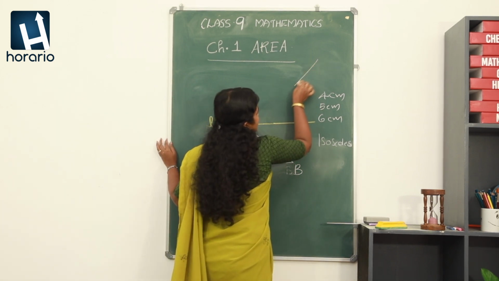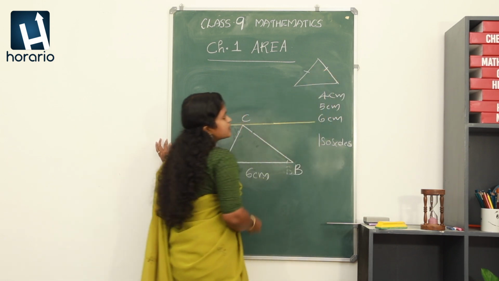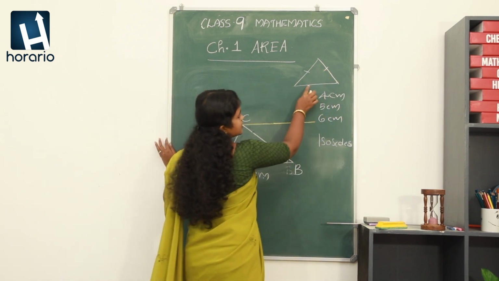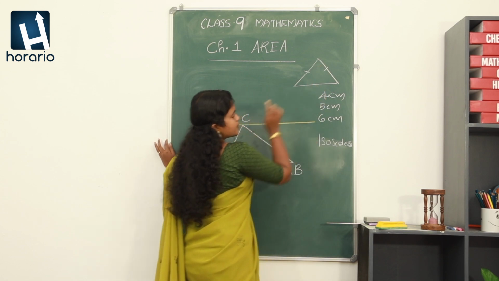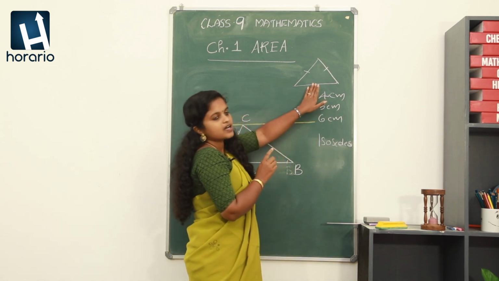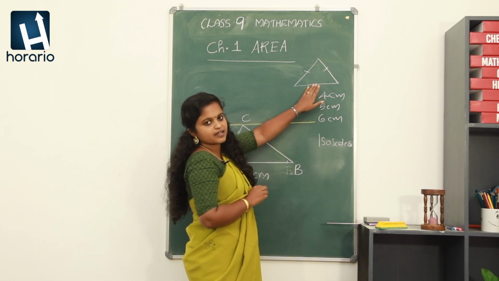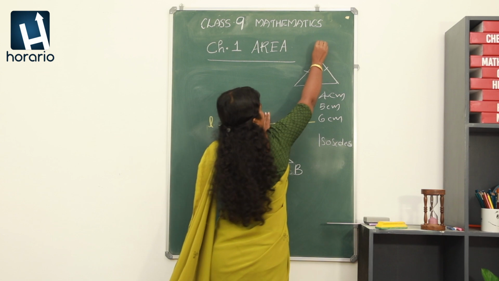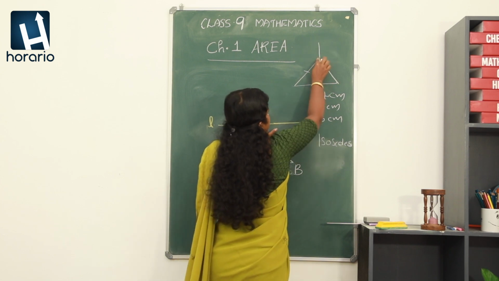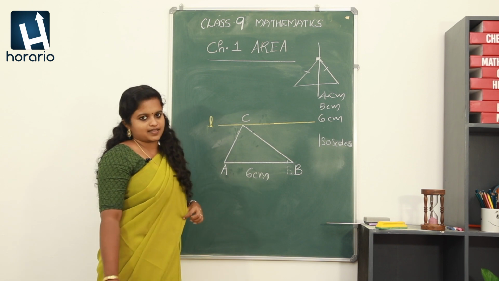If we have an isosceles triangle with these two sides equal, then it will have a perpendicular bisector. It will be bisecting the base into equal parts and making a 90 degree angle with the base. Such a line will be there and you can see that the third vertex will be lying on this perpendicular bisector.